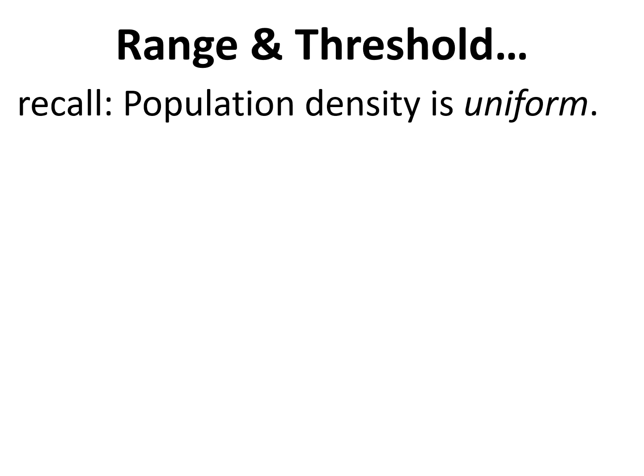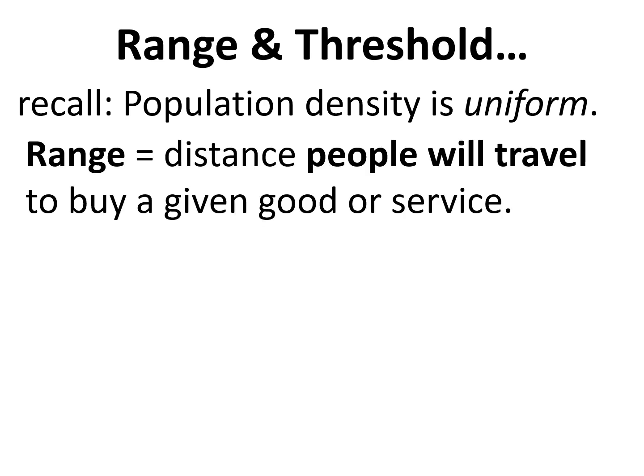And also, one of the assumptions was that there's no regional variation in preferences. So everybody has the same preferences as well, and the same income. Bear that in mind as we talk about range and threshold. So range is the distance that people are willing to travel to buy a particular good or service.